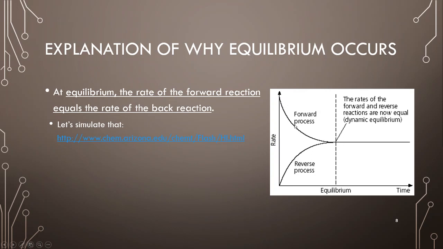So the lines would merge. Now this is not the same as concentration versus time. This is rate of reaction versus time. At equilibrium, the rates of reaction become the same.